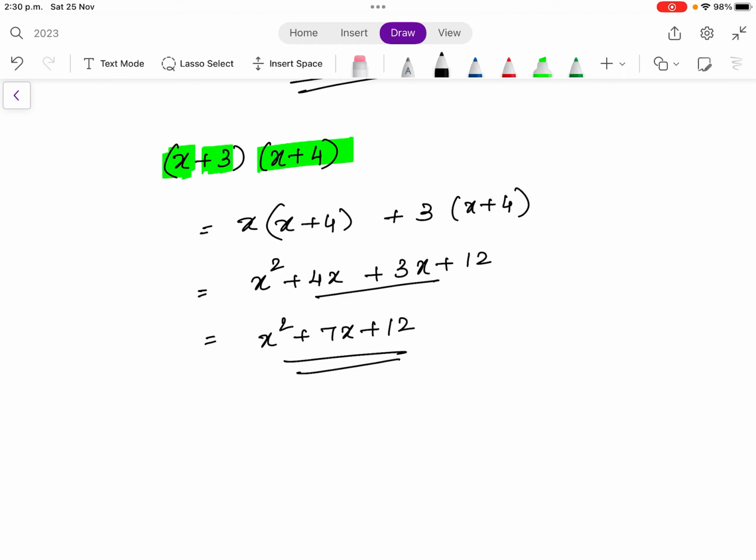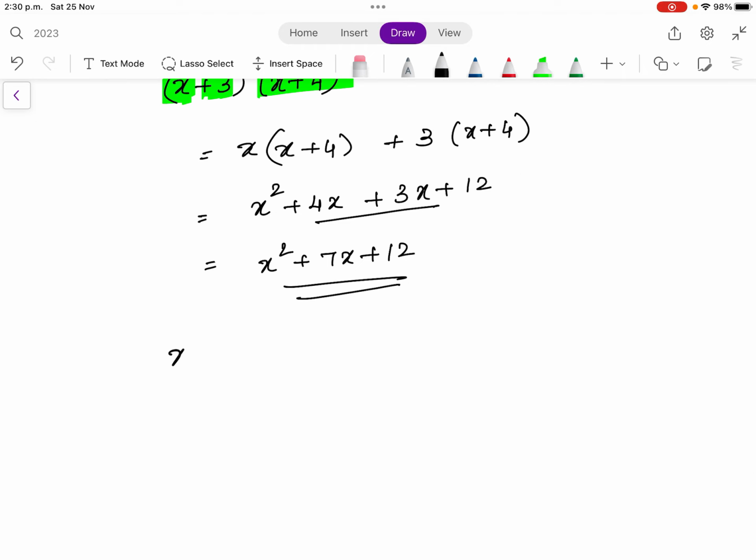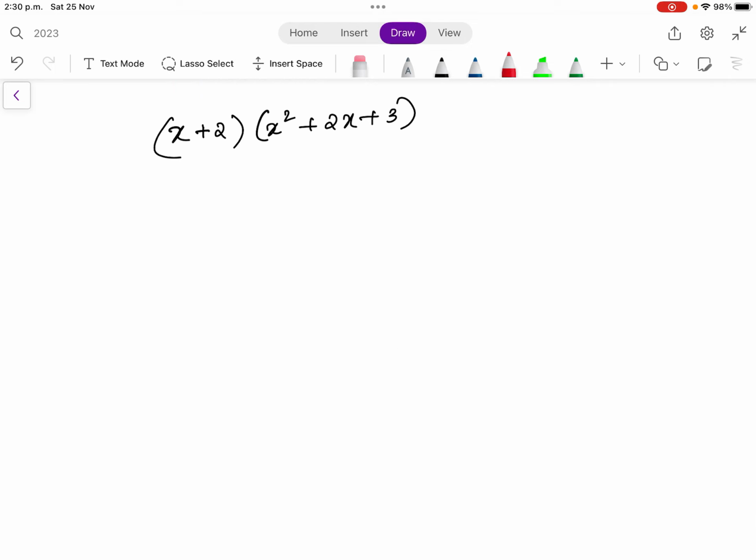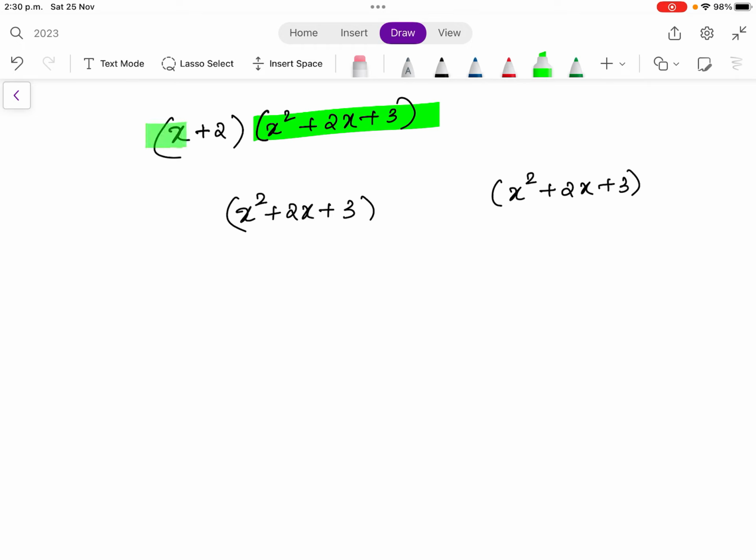This method can be used for any expression, whether it has two terms or three terms. So if I have something like (x + 2) into (x square + 2x + 3), the second term has three elements, 1, 2 and 3. In this case, the same method applies. So take the second one and write it two times, x square plus 2x plus 3, and write it once more. Then take the first part x and write it here, and take the second part plus 2 and put it here, and then you simplify.